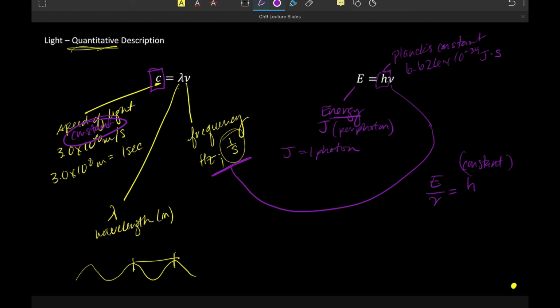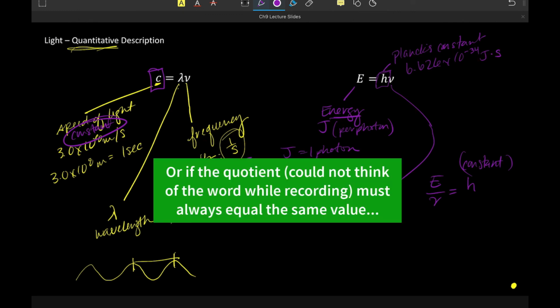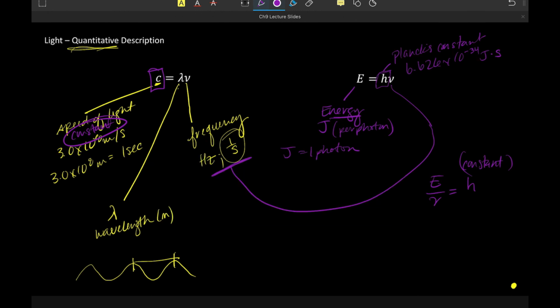So what that means is that E is divided by frequency, which means that if the division of those two things must always equal a constant, if one of those terms gets bigger, the other term must also get bigger. So if we're ever trying to analyze the relationship between some variables, it's sometimes helpful to isolate the constant, because that allows us to easily tease out relationships. It just makes it easier, okay?